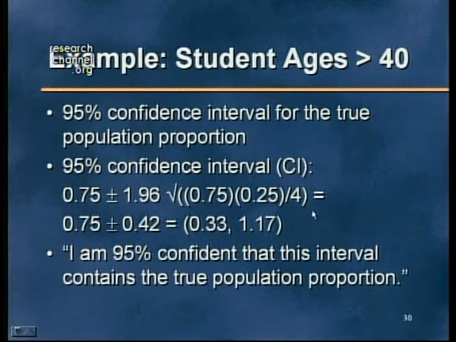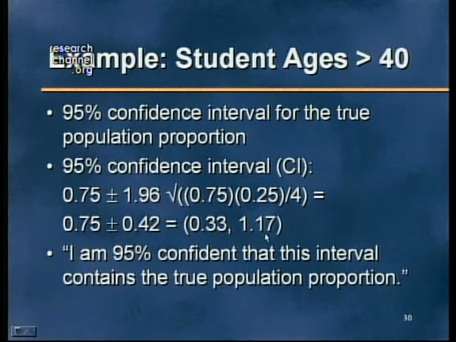So now the confidence interval for the true population proportion that we don't know but would like to gain some knowledge of would take the sample proportion of 0.75 plus or minus 1.96 times the square root of p hat q hat divided by n, which is 0.75 times 0.25 divided by 4. If I go through the math, I would see that I get a confidence interval that ranges from 0.33 up to 1.17.